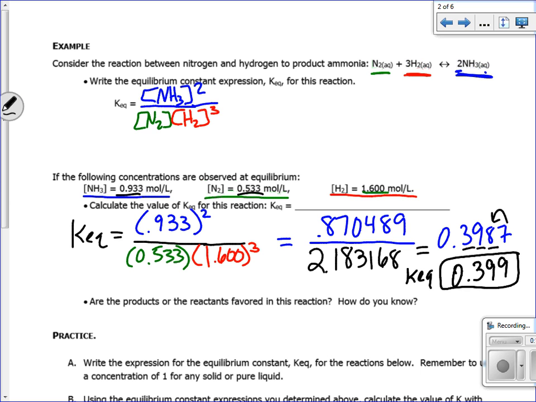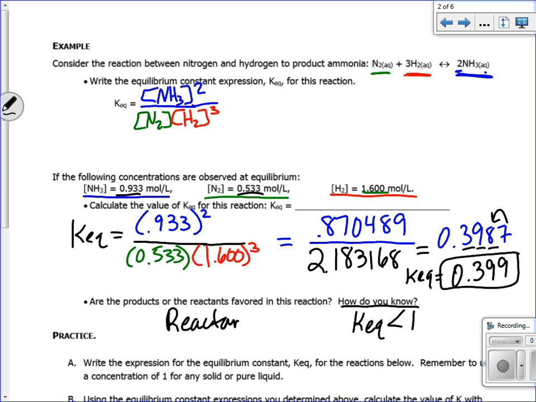What does the KEQ number now tell us about the reaction? Is KEQ greater than 1 or less than 1? Less. So, how do I know? I know because KEQ is less than 1. That's this part of the question. So, are the products or the reactants favored in this one? Reactants are favored. Good.